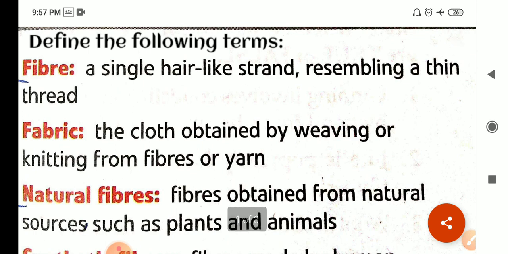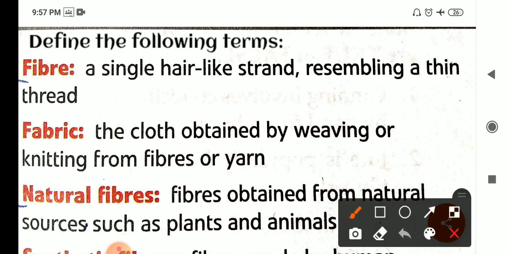Define the following terms. You have to write these terms in your notebook. The first is fiber. Fiber is a single hair-like strand. We have already discussed it, it's just for the revision, and you have to write these in your notebook. These are hair-like strands resembling a thin thread, right?